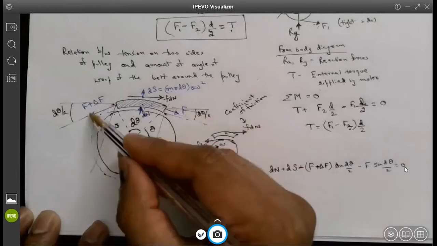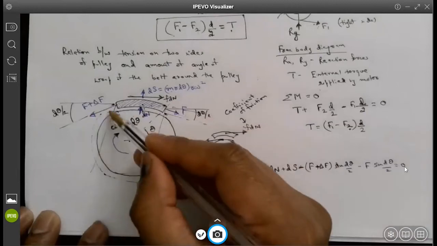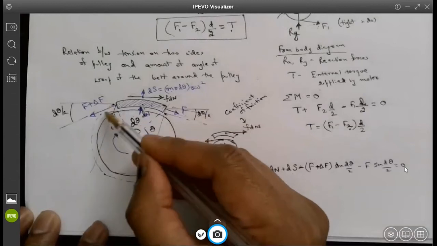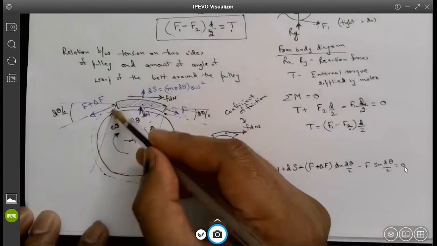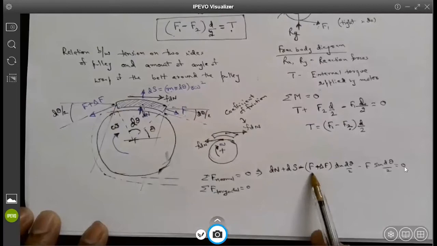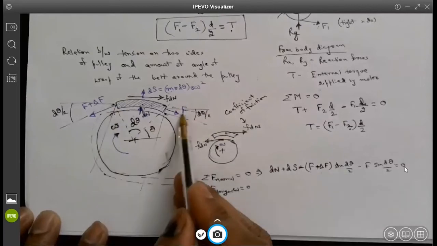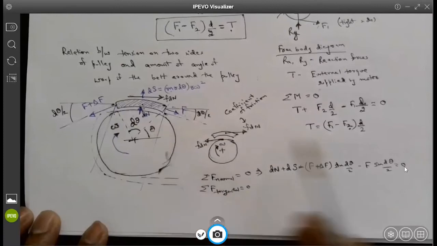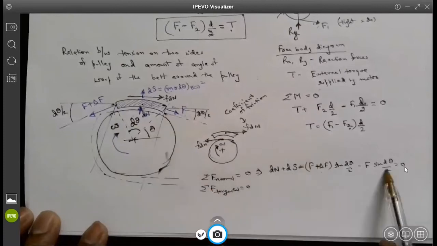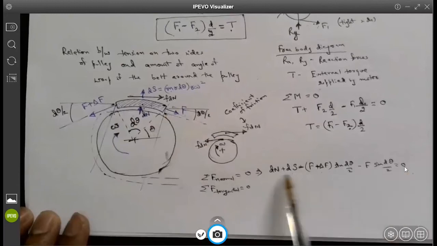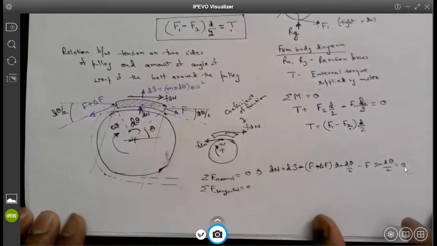The component of F plus dF will be (F plus dF) sine dθ over 2, in the opposite direction. That is why it is minus (F plus dF) sine dθ over 2. Similarly, the component of force F in the normal direction would be negative F sine dθ over 2. Summation of all should be 0 for the equilibrium, so I just put it equal to 0. Let me know if it makes sense to you.